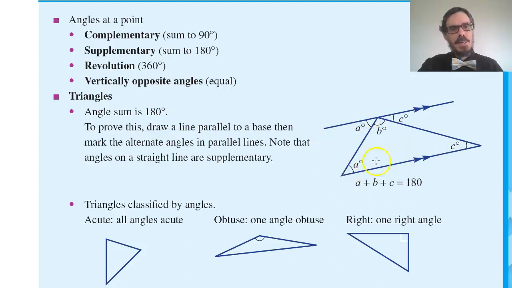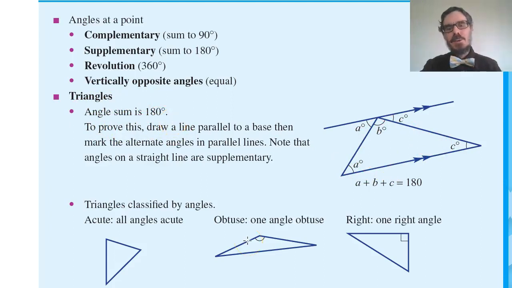See the Z, alternate angles. And this angle must equal this angle. Alternate angles are equal. But these three angles are on a straight line, so these three angles must also add up to 180, which means so do these three. So that's how you can prove that the angles inside a triangle add up to 180 degrees.